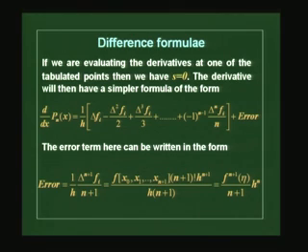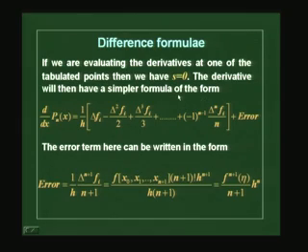As I said just now, if I want to write down the derivative of the function at one of the tabulated points, then we could enter the polynomial at the same value and construct the polynomial.